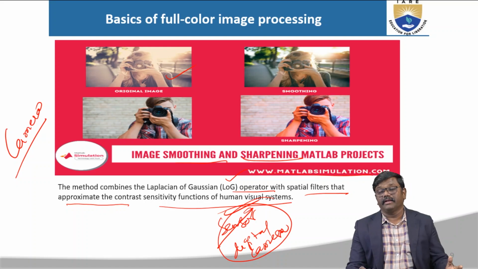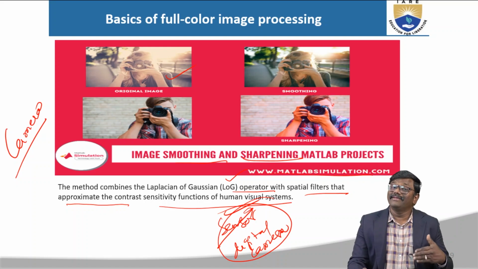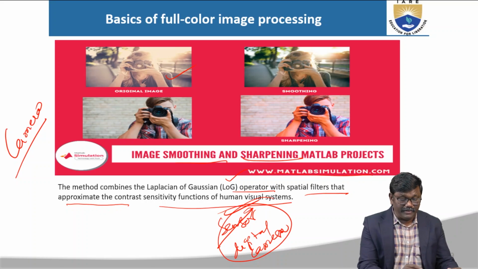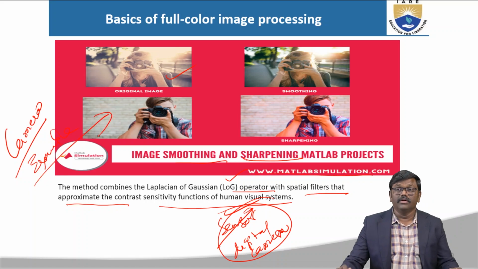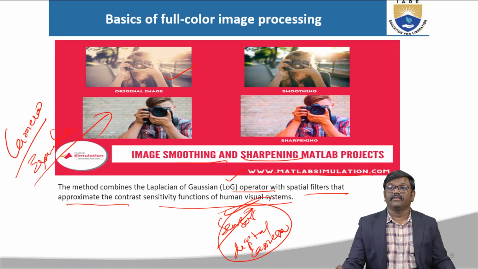We can make the color image processing in terms of required smooth and sharp processing. That is the best example here. I have shown you some of the pictures here. You can go through this.